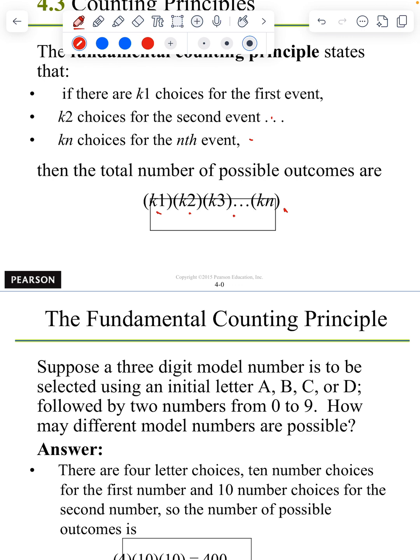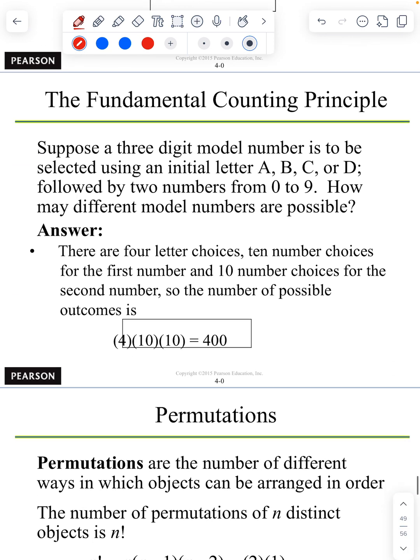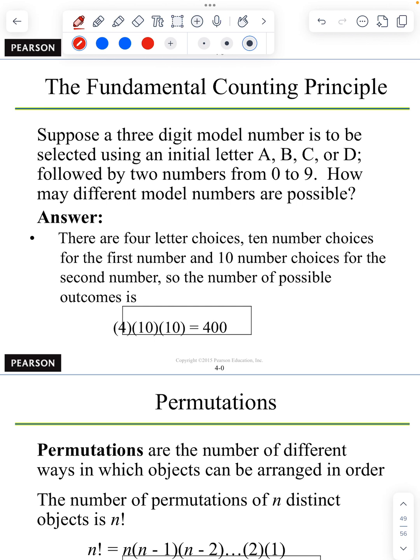A password combination is another example. So suppose a 3-digit model number is to be selected using an initial letter A, B, C, or D, followed by two numbers 0 to 9. How many different model numbers are possible?